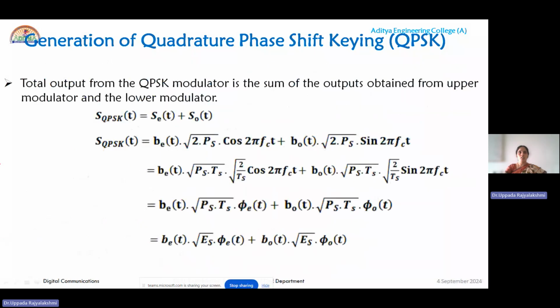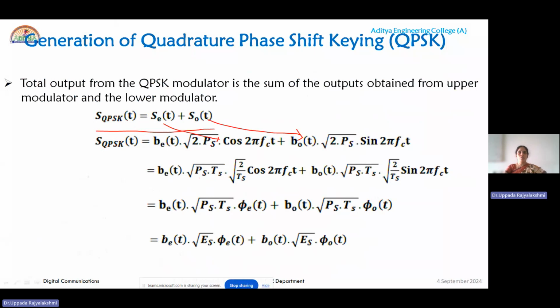So the total output is the sum of outputs due to the I channel and Q channel, that is s_e(t) and s_o(t). We take the expressions of s_e(t) and s_o(t), substitute them here, and replace them in terms of symbol energy and one-bit energy carriers, the same way we did in the binary keying techniques discussed in the earlier modules.